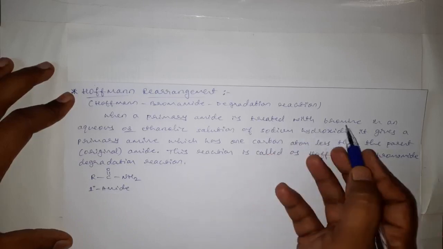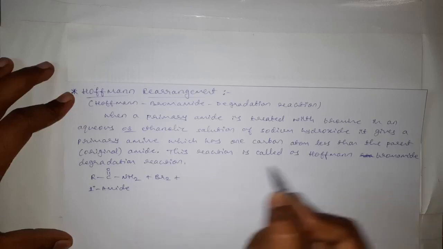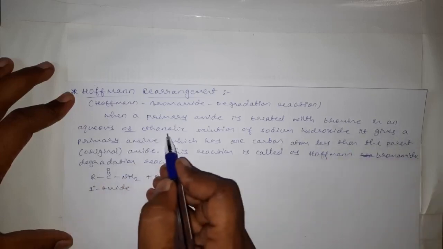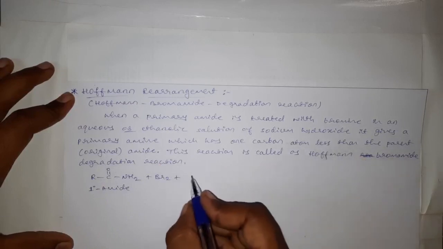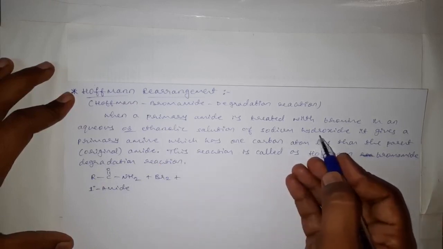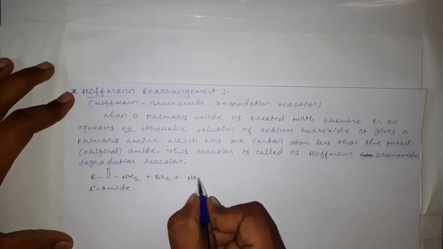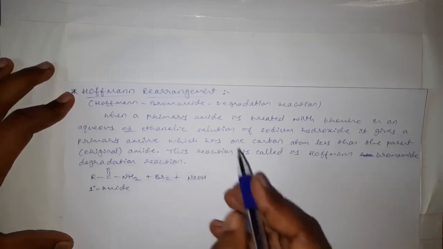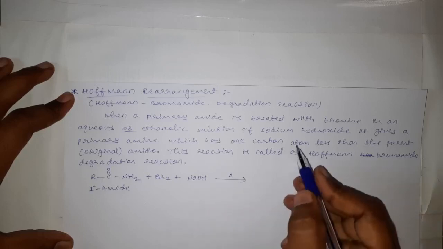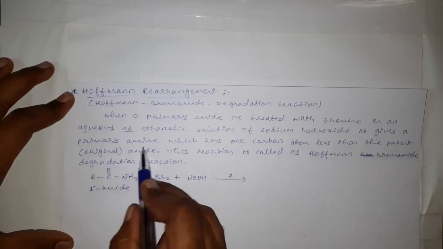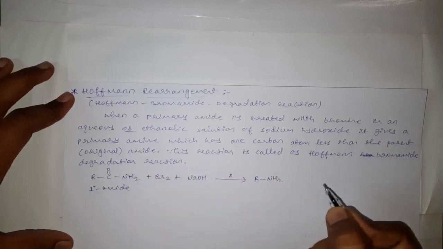When it is treated with bromine in an aqueous or ethanolic solution of sodium hydroxide. In place of sodium hydroxide, we can use potassium hydroxide also. We will get a primary amine having the formula RNH2.